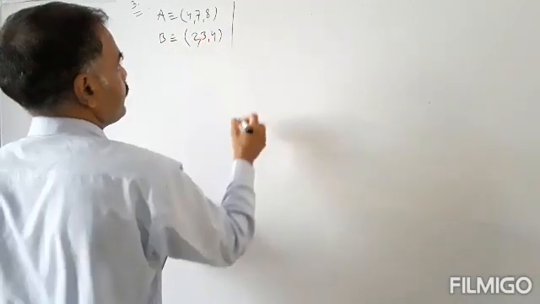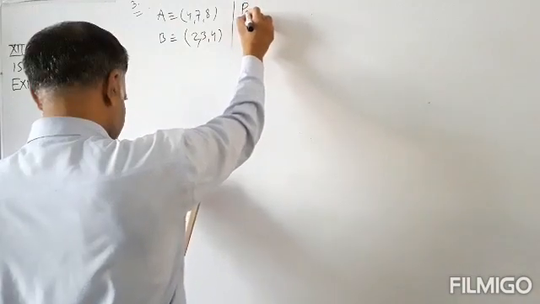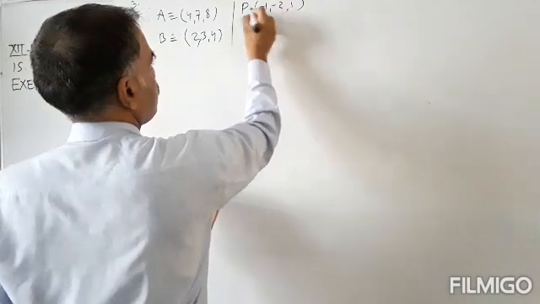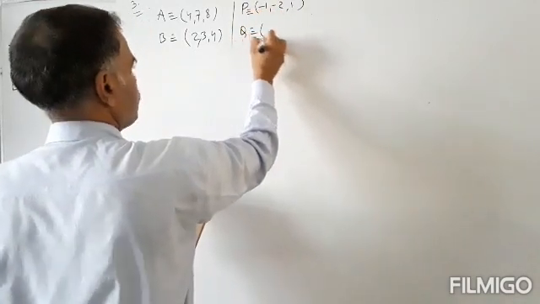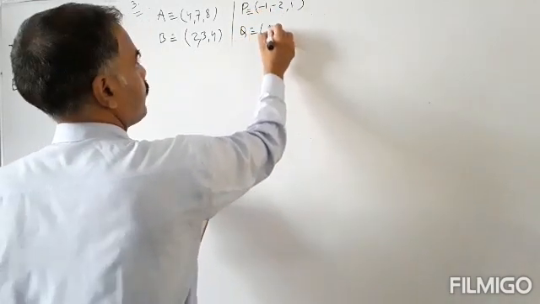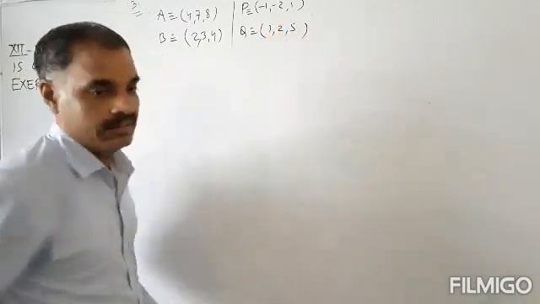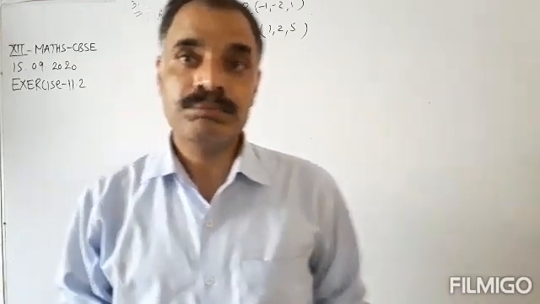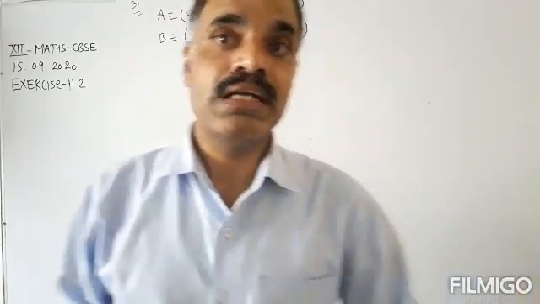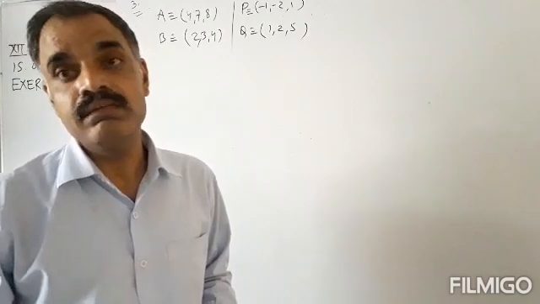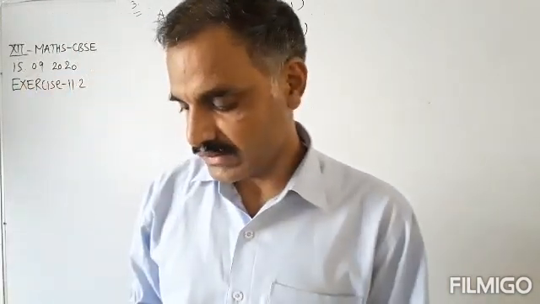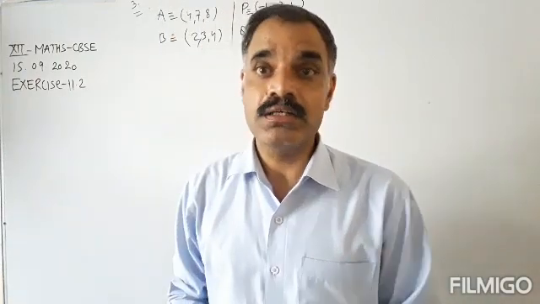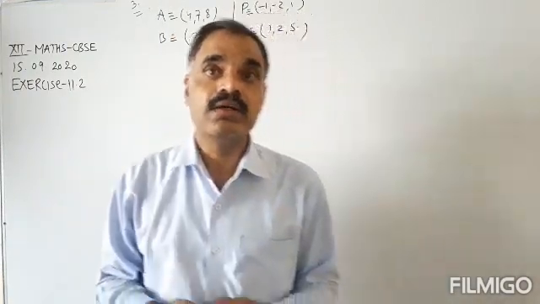For the other line, P is given as (-1, -2, 1) and Q is given as (1, 2, 5). We have to prove that line AB is perpendicular to line PQ.